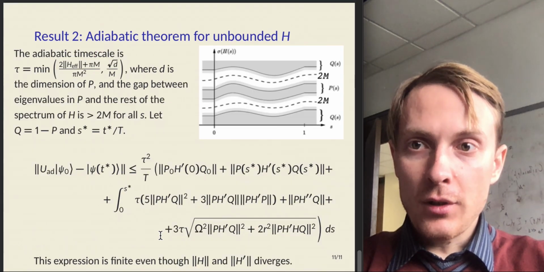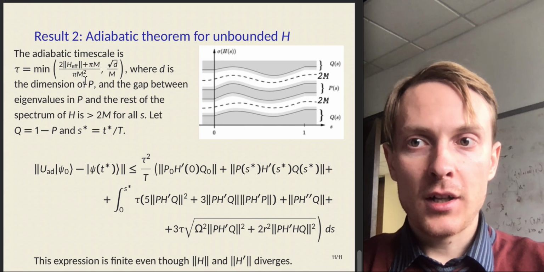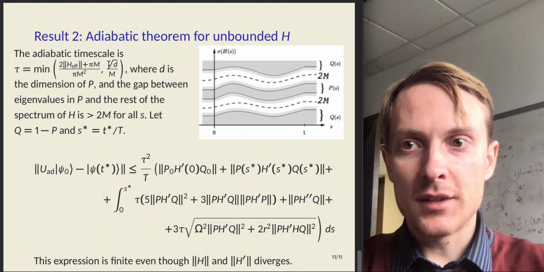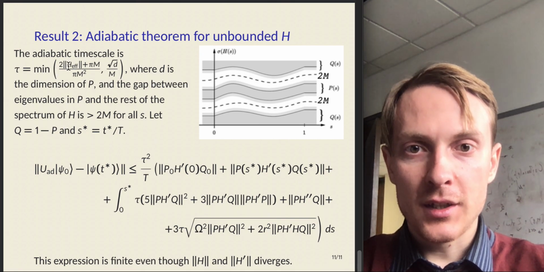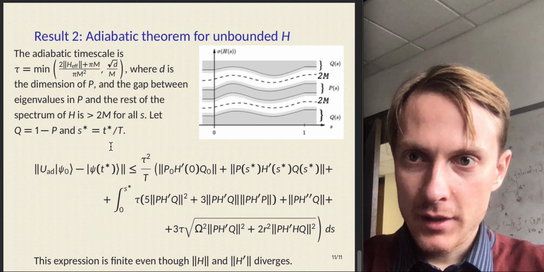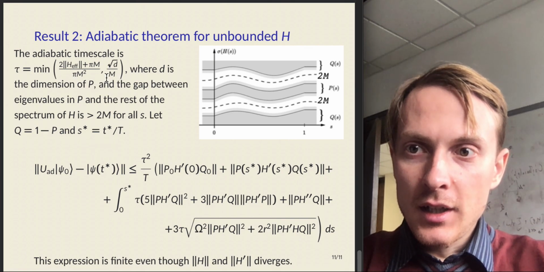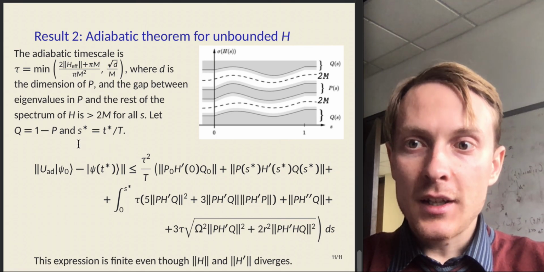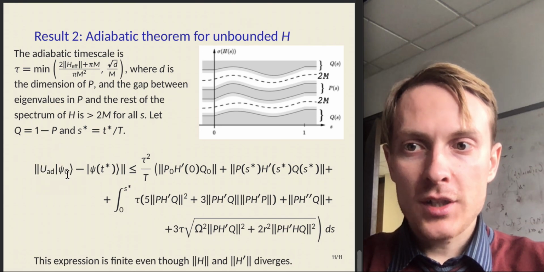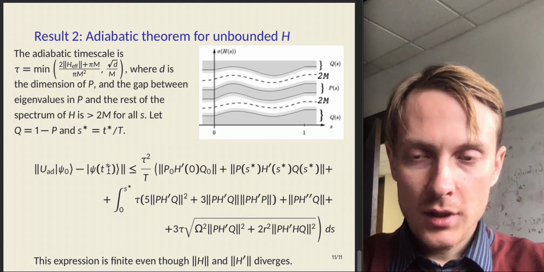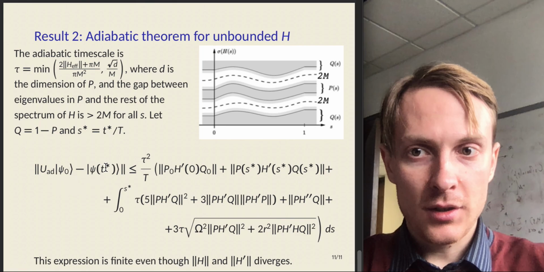And we also will need an adiabatic time scale that is formed by the gap of the Hamiltonian, and possibly either its dimension or the norm of the low energy subspace Hamiltonian. Now, after we define those time scales, we finally can state the adiabatic theorem, which is the difference between the low energy subspace evolution and the true evolution. The difference between evolution generated by the effective Hamiltonian and the true evolution.